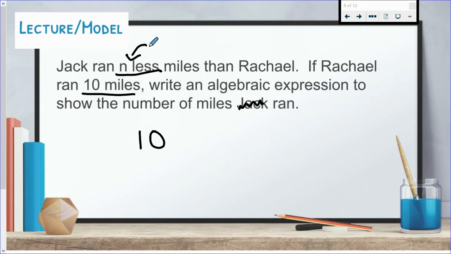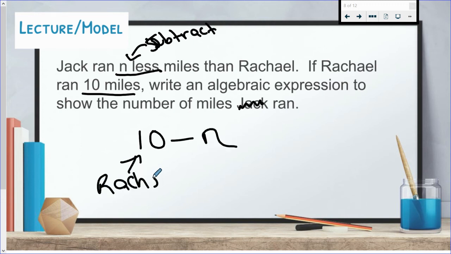So we're going to be subtracting here. This is what Rachel ran, and then Jack ran N less. The word less is going to mean to subtract.